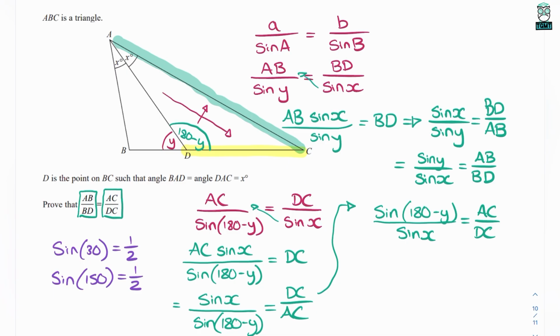So in terms of understanding how to prove this last step, you could just say that sine y is equal to sine of 180 minus y. It's just a mathematical fact. They are equal.